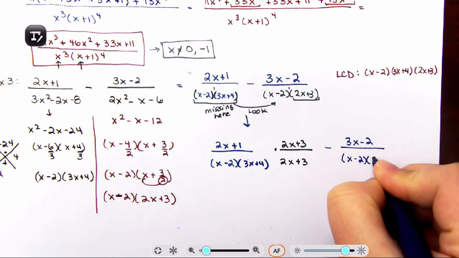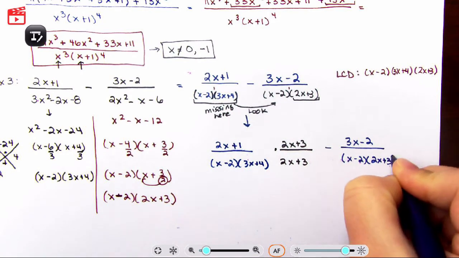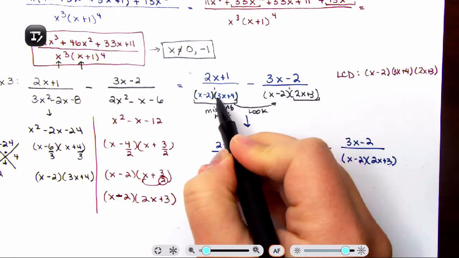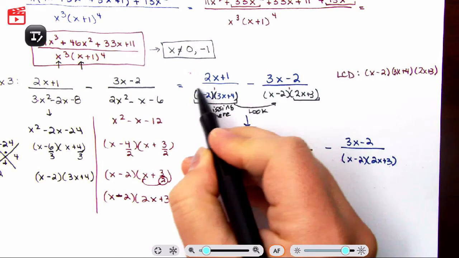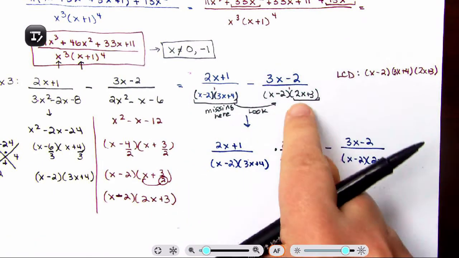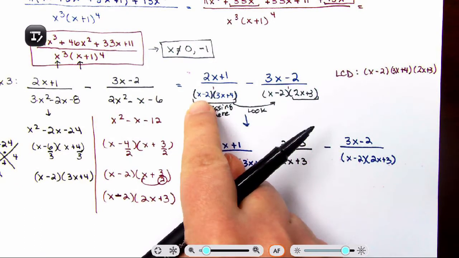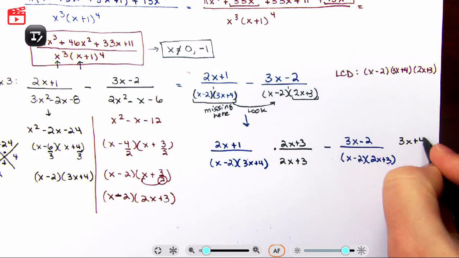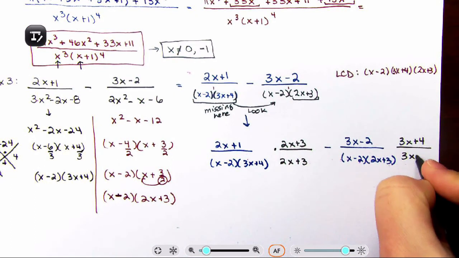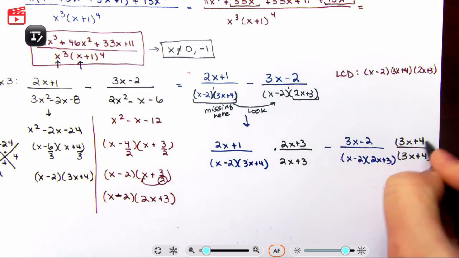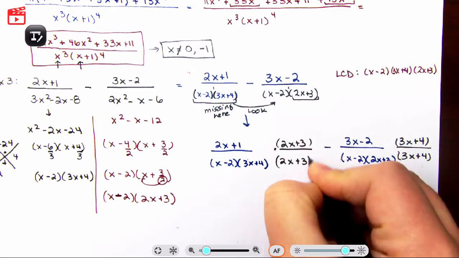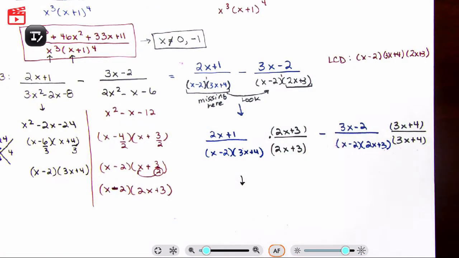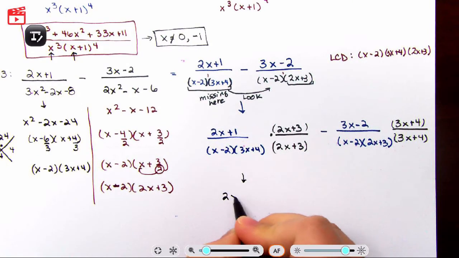And now I'm going to be asking the other question. Here's what I have in this denominator. What is missing? I'm looking into this first denominator, and I have my x minus 2. I don't have a 3x plus 4 in my denominator. So I'm going to multiply by 3x plus 4 in order to get to my LCD. When you're multiplying this out, again, don't multiply the denominator out, just the numerators.